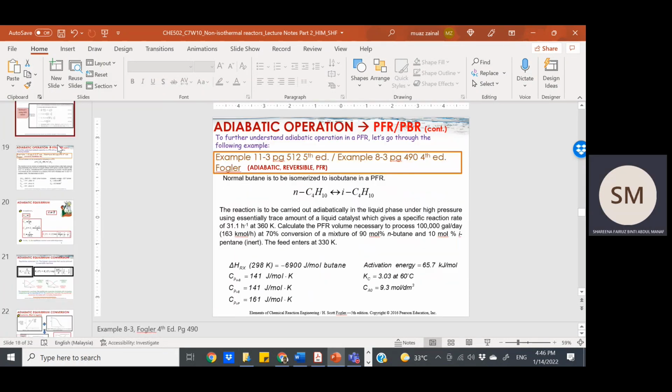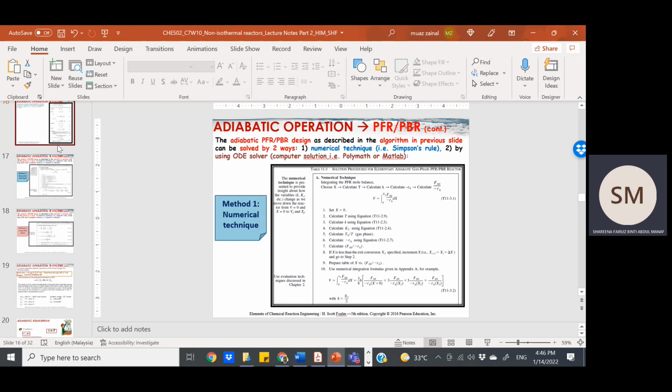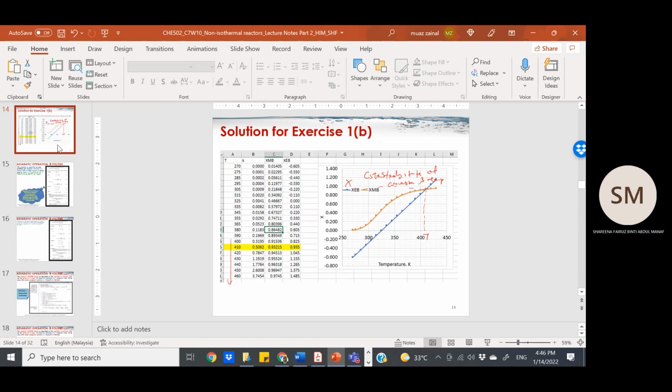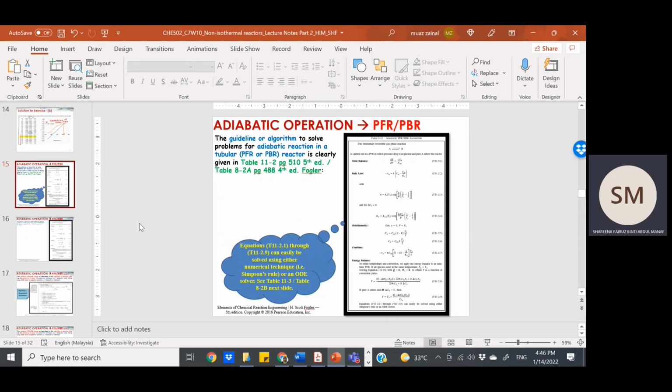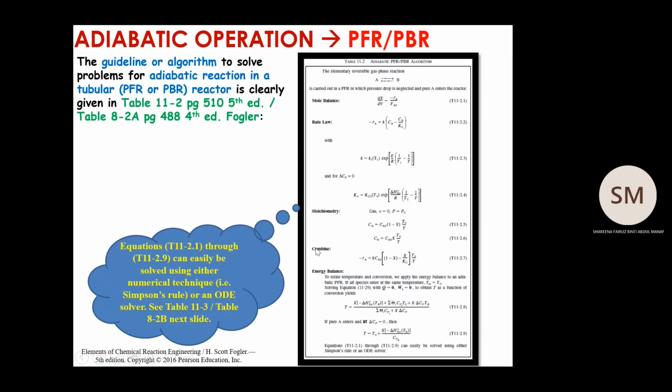We stop at this slide, so let's continue. Adiabatic operation for PFR or PBR. The guideline or algorithm to solve problems for adiabatic reaction in a tubular PFR or PBR reactor is clearly given in Table 11-2.